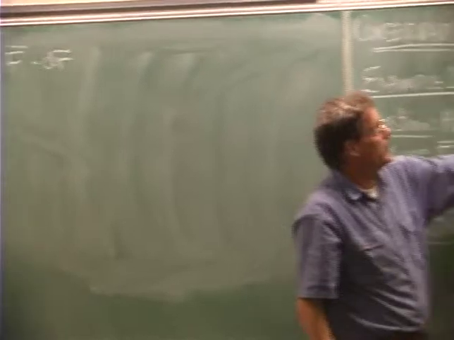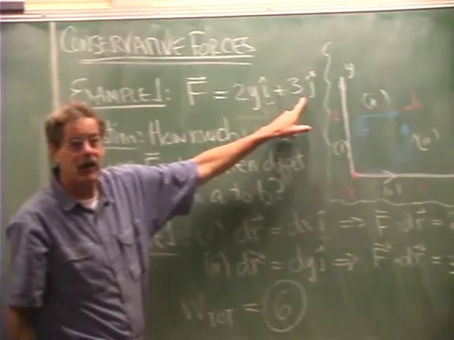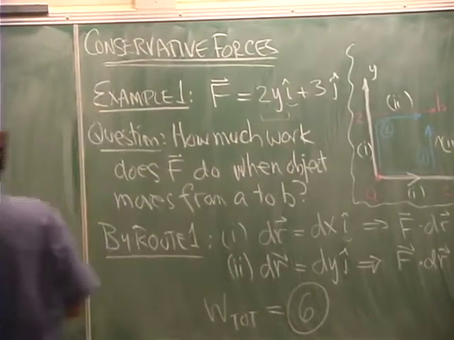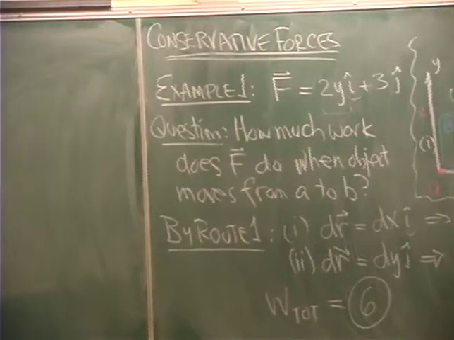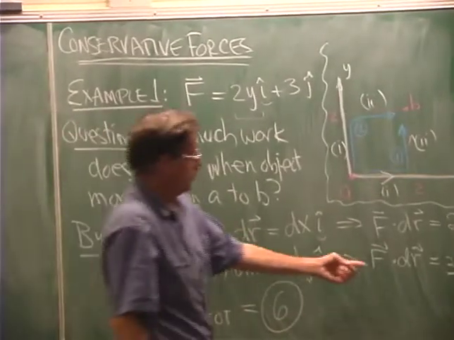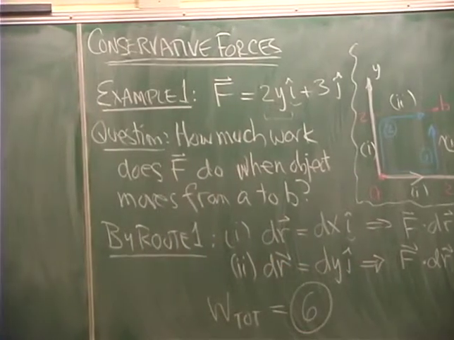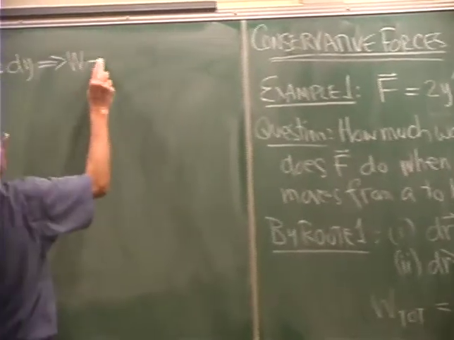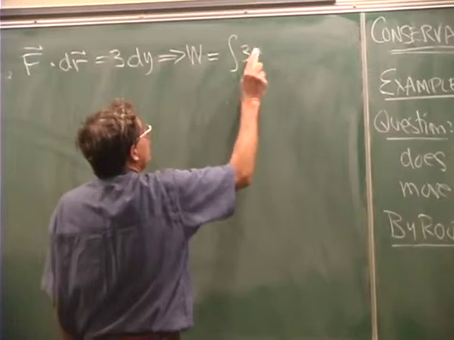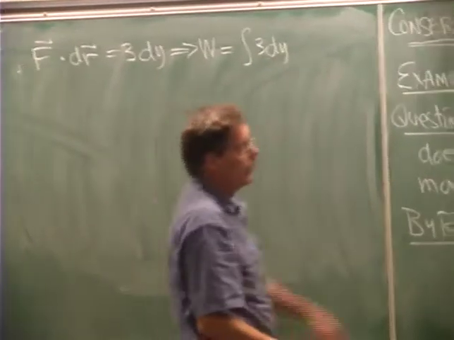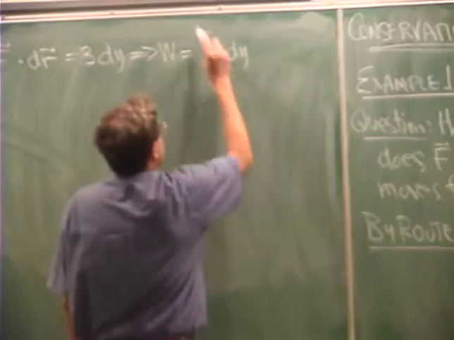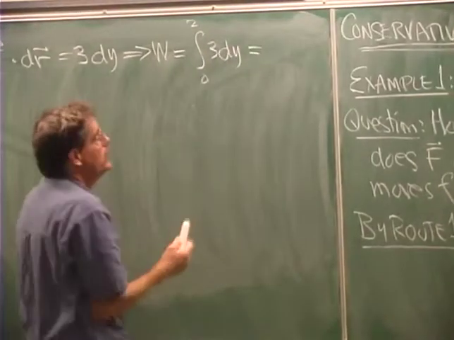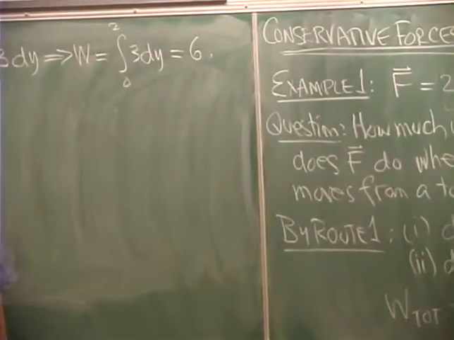The dot product picks out the y component of F, so it's just 3 dy. Actually, it's exactly the same as it was down here. So that says that the work done is equal to the integral of 3 dy from what limits? Starts at 0, goes to 2, 0 to 2. Again, this is 3 times 2 is 6.